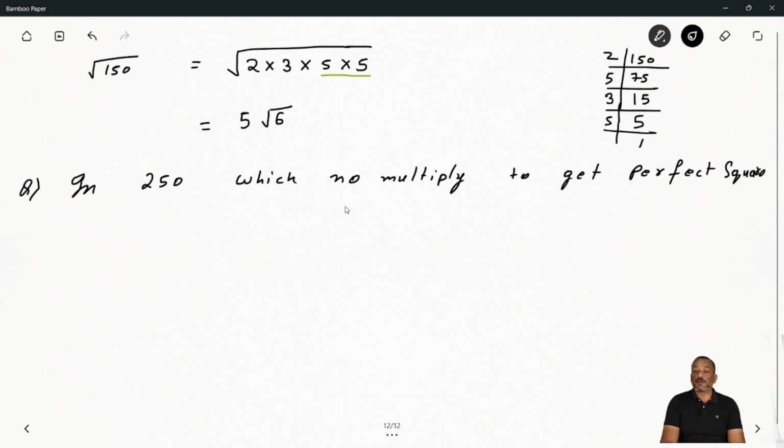Such types of questions are also based on the prime factorization.